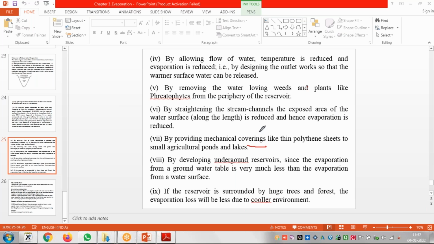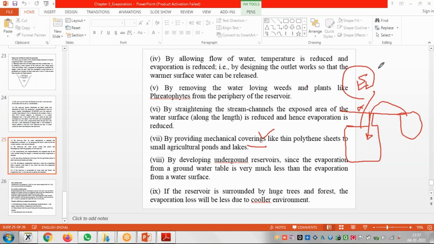Then providing chemical covers, and developing underground reservoirs. Suppose this is our surface and some reservoirs are here. We should construct underground reservoirs and store this water underground so that we can save this evaporation loss, right?